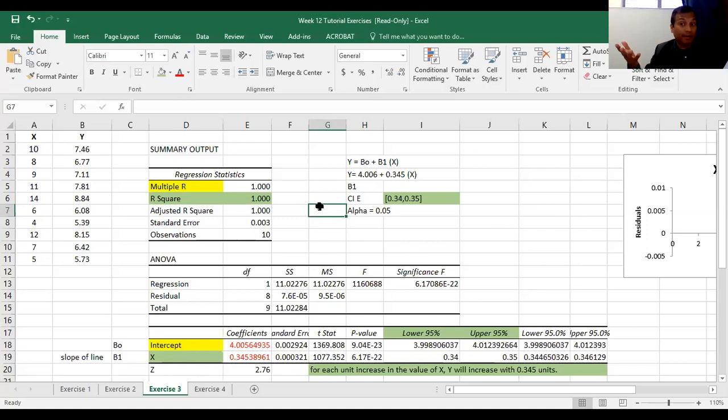In this case, clearly 1 means 100%. So you can rewrite or interpret it as: 100% of the variance in Y is explained by the explanatory variable X.